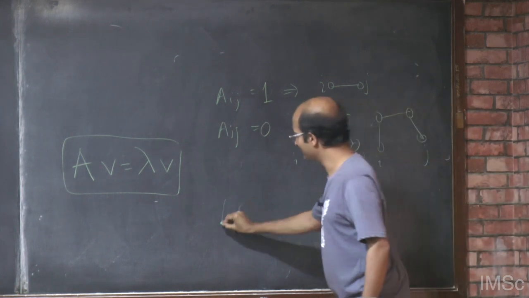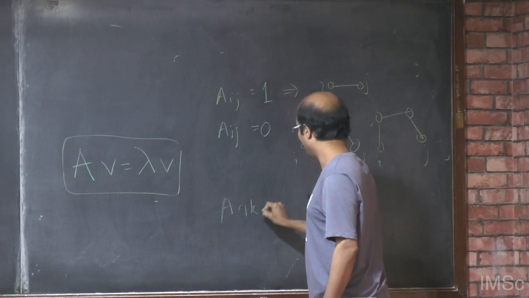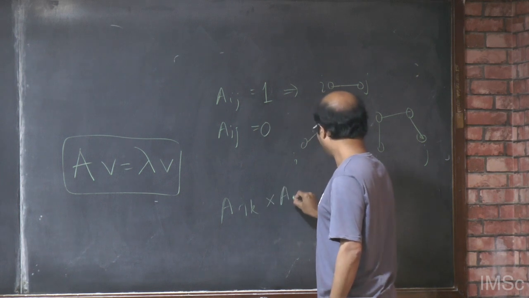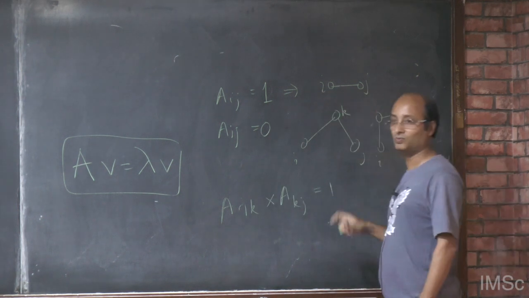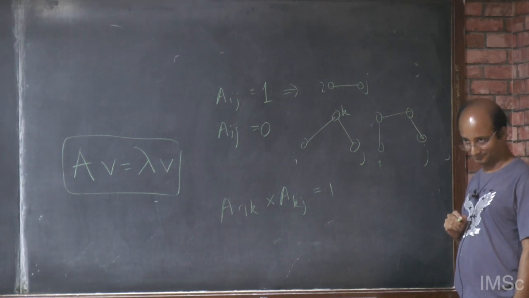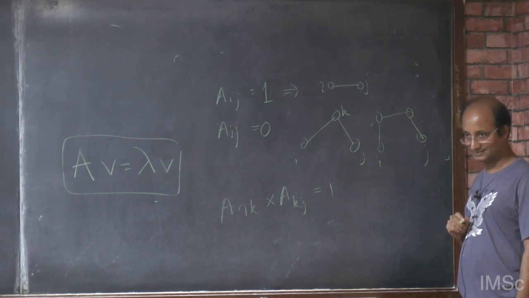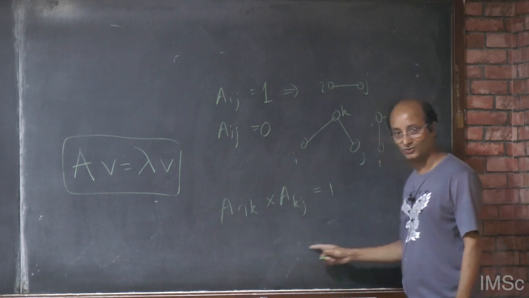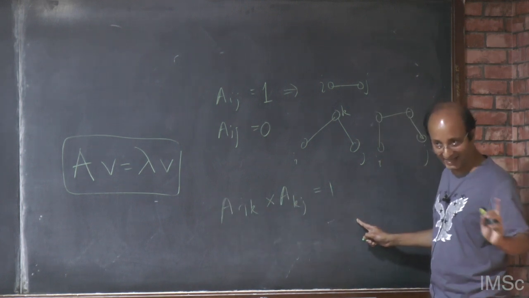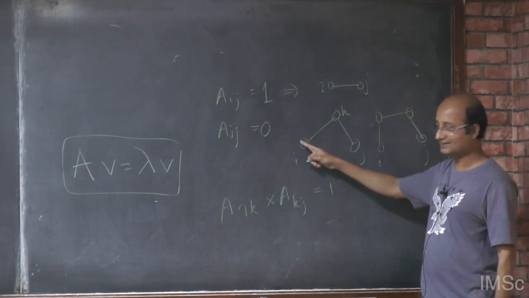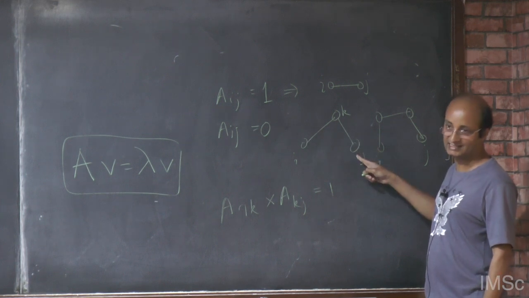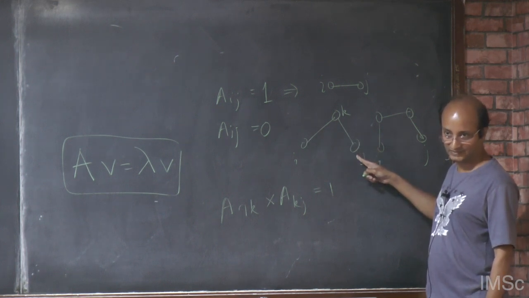Okay, so in other words, Aik times Akj is equal to 1, right? So if this condition holds true for any k, that means there would be a path of length 2 connecting i and j. All right?